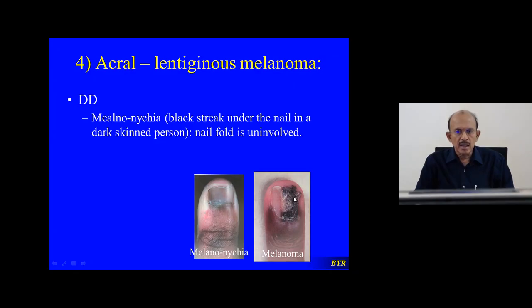In acral lentiginous melanoma also, there will be black pigmentation of the nail. So in the melanoma, there will be pigmentation of the nail fold also, but in melanonychia, there will be only pigmentation of the nail bed. Nail fold is not involved.